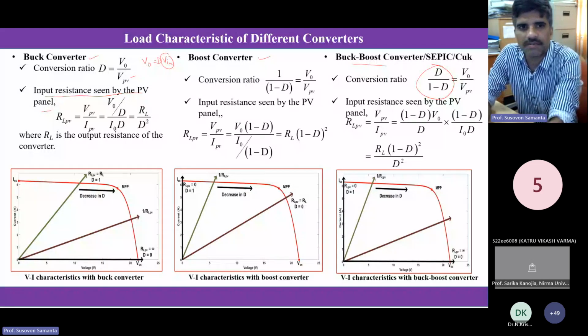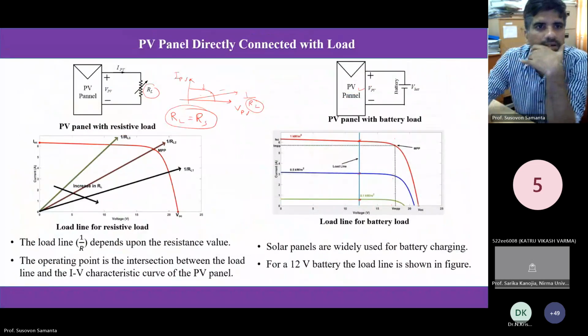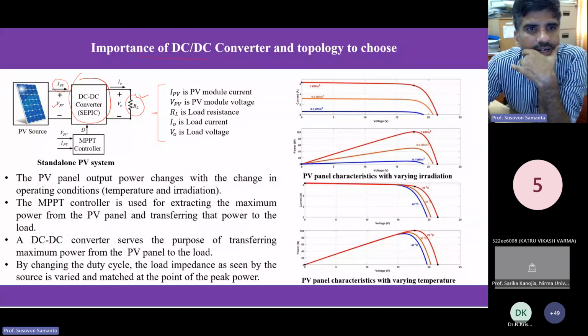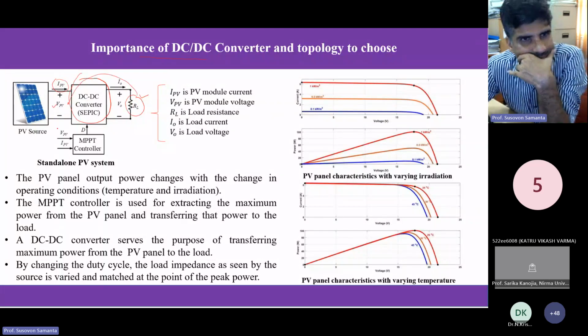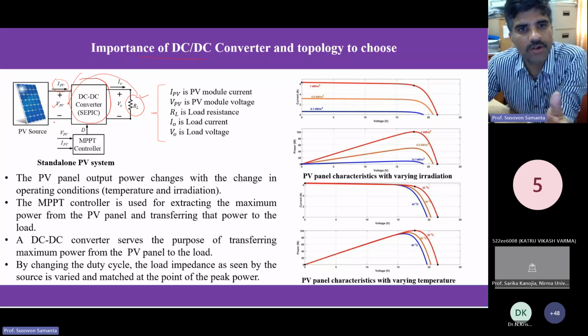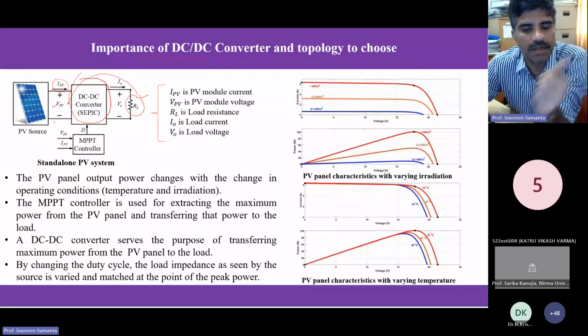If you see this diagram, this is your load resistance. The current will be decided by the input resistance seen by the PV panel. That means this load resistance will be reflected to this side. What is the reflected version of the load resistance seen by the PV panel?